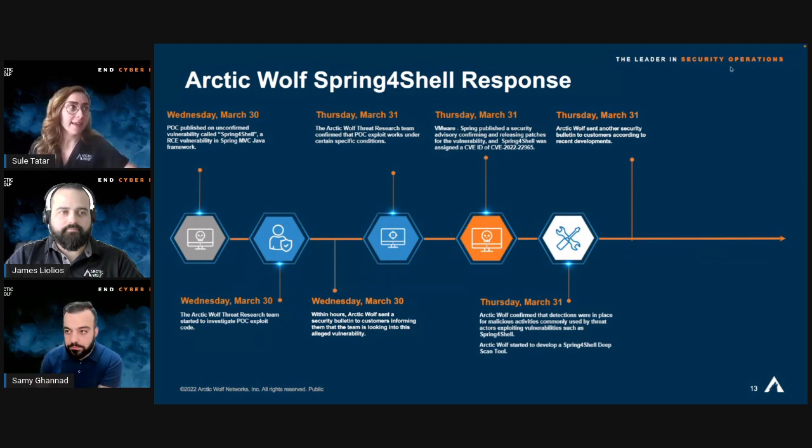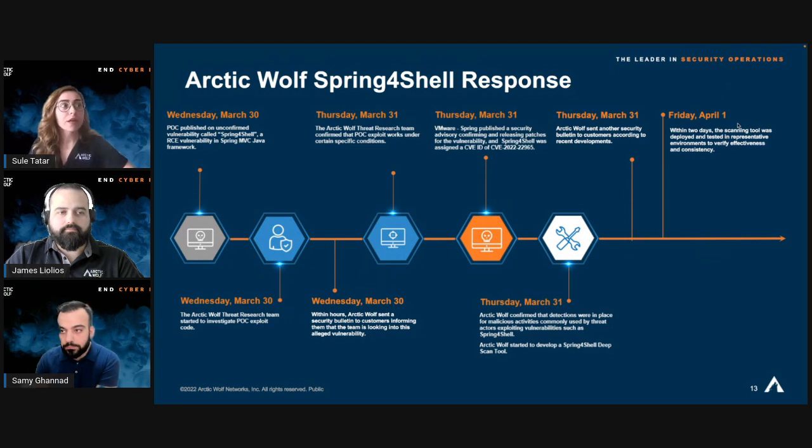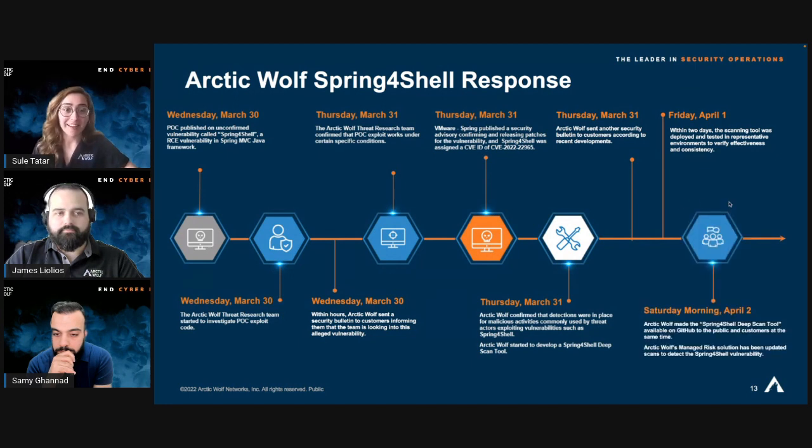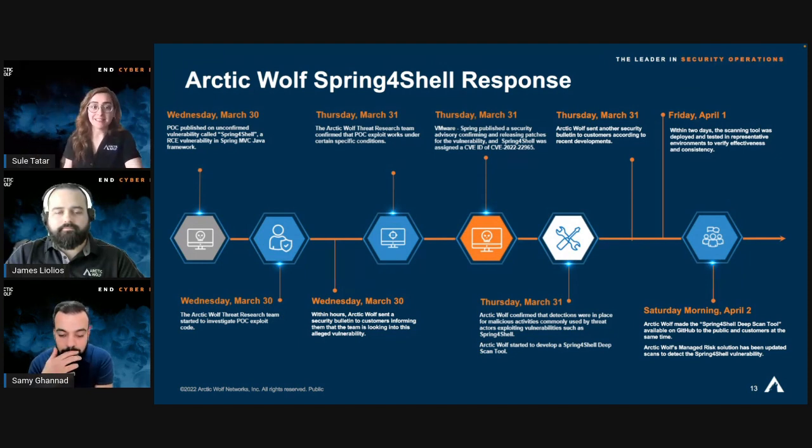On Friday, April 1st, within 2 days, the scanning tool was deployed and tested in representative environments to verify the effectiveness and consistency. And on Saturday morning, April 2nd, Arctic Wolf made the Spring4Shell deep scanning tool available on GitHub to the public and the customers at the same time, which is super powerful in my opinion.